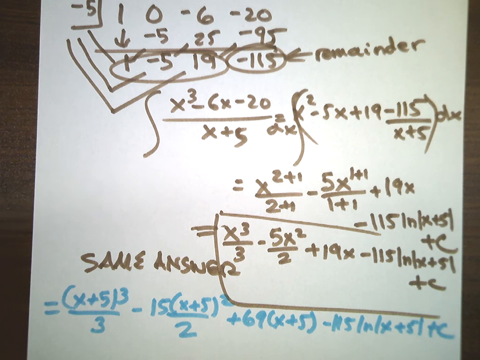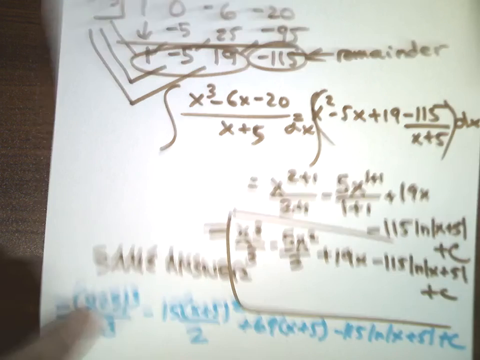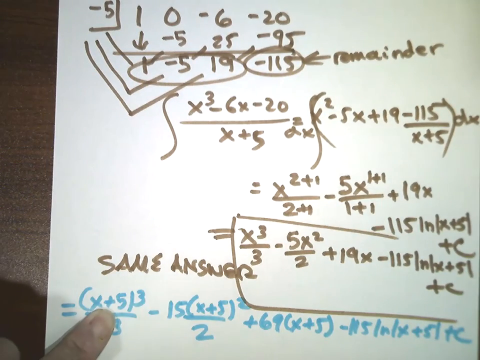I wasn't actually going to show both ways, but at the last minute I decided it might be helpful for you to see that there is more than one way to evaluate this particular integral. The results will look slightly different, but you can get them to look the same if you multiply these all out over here.